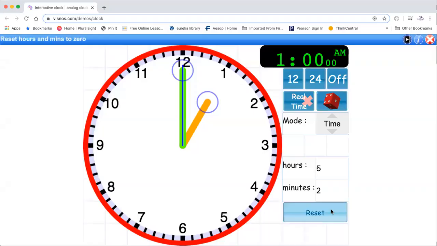To get started, we're going to go back to our clock that you saw yesterday, and we're going to use that to continue to guide our lesson today. We said yesterday that when the hour hand is our short hand, the minute hand is our long hand. When the minute hand is pointing to the 12, that means we have 0 minutes. We call that the o'clock, or on the hour.